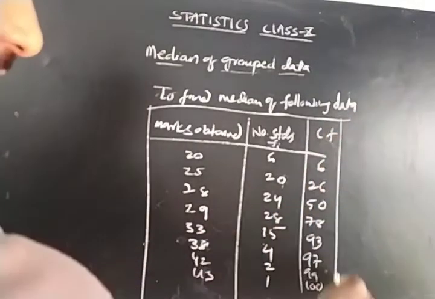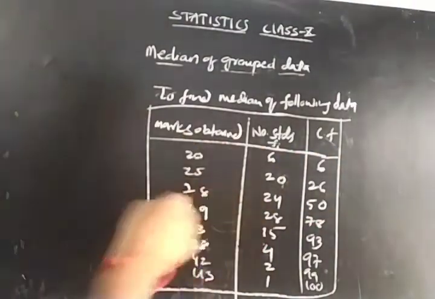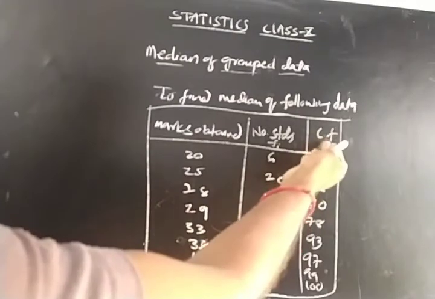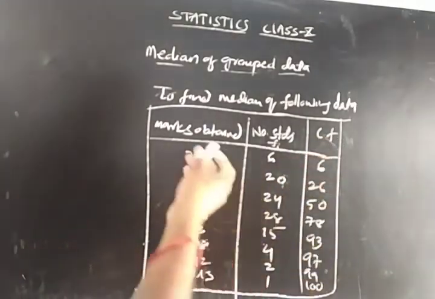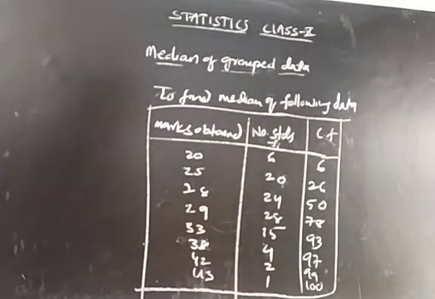So this is the new column we need to find the median of the ungrouped data. In the question we will have the marks obtained and the number of students, so we have to find the new column, called the cumulative frequency column.